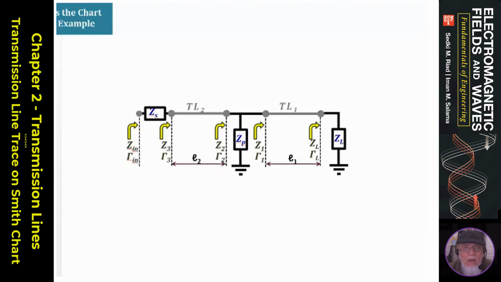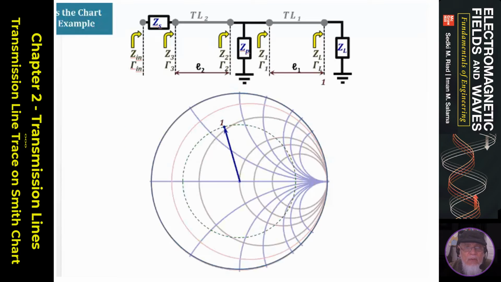So here we start, and I'm going to show the transmission line on top of the Smith chart, and I'm going to start at location 1. That's location 1 where the load is. So I take the impedance of the load, normalize that, and put it as a real part and imaginary part, and locate it on the chart.